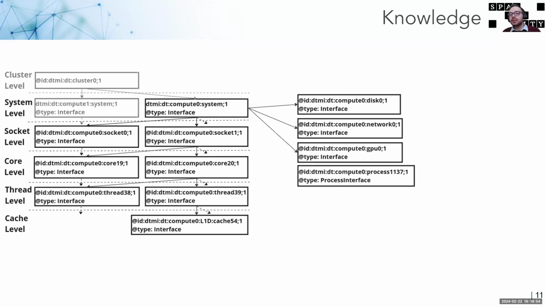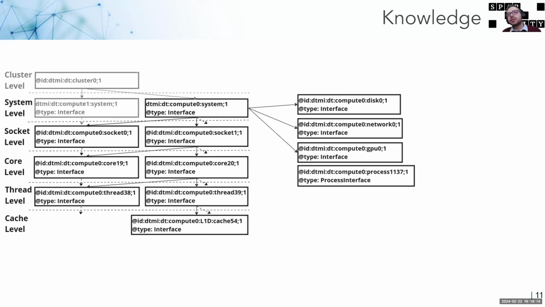This process interface is a real-time mutable version of the regular interface. It captures the process ID of the processes on the target system.